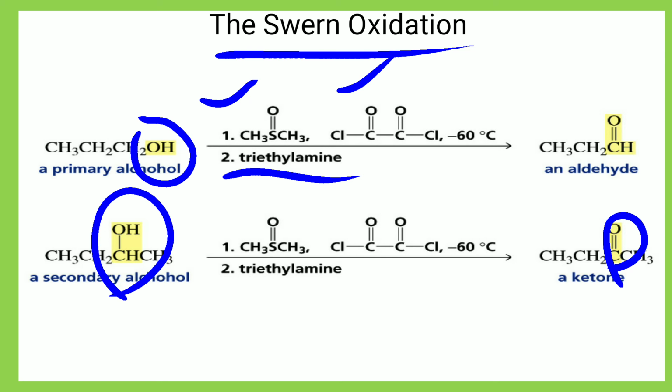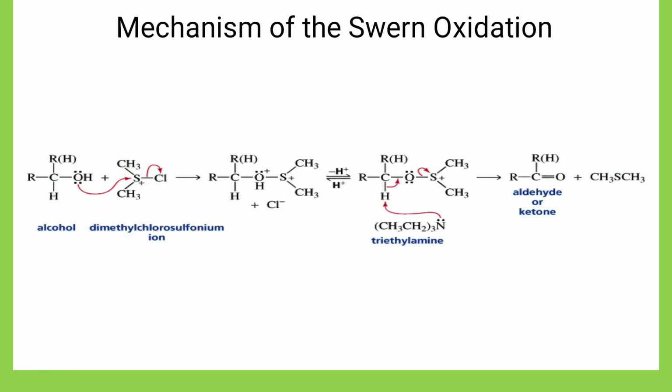Whenever you use PCC, it converts the primary alcohol to the aldehyde, and whenever you use the Swern oxidizing agent, the primary alcohol also gets converted to the aldehyde, and the secondary alcohol gets converted to the ketone. Okay, let me show the mechanism of this oxidation reaction. Here is the mechanism of Swern oxidation. See carefully what happened here.